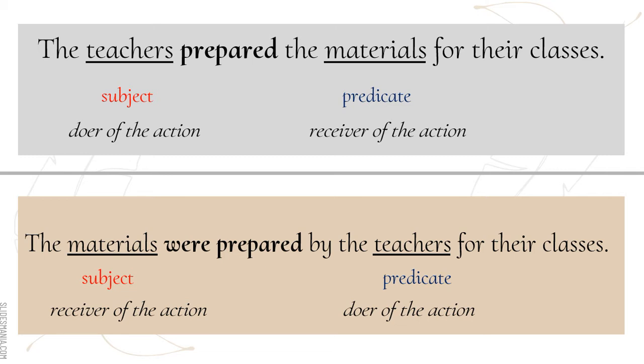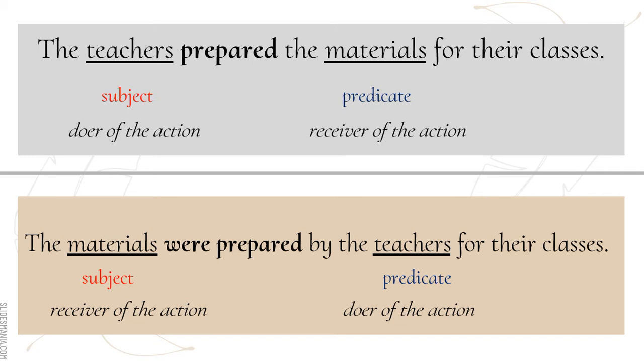The teachers, being the subject, is the doer of the action. And what was the action? The action is the verb prepared. The teachers prepared. What did the teachers prepare? So, the predicate comes in. The word materials is your predicate and at the same time the receiver of the action.